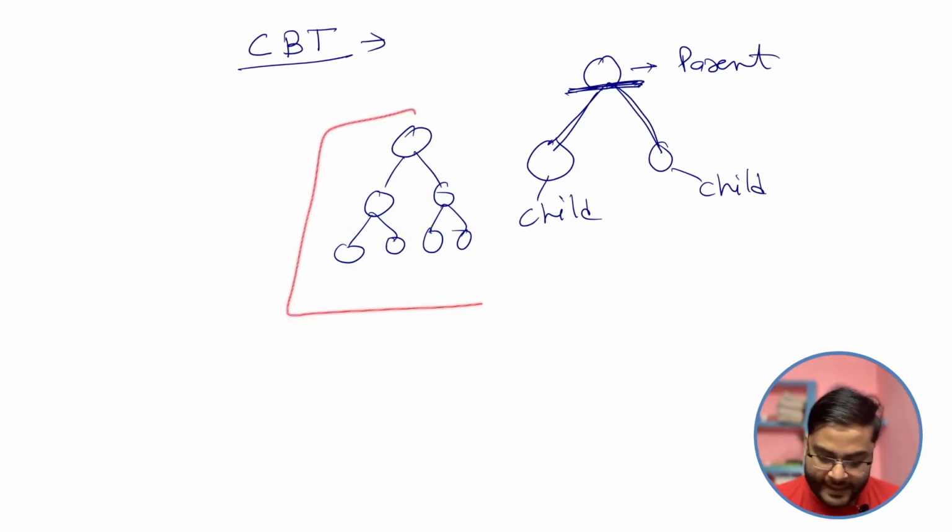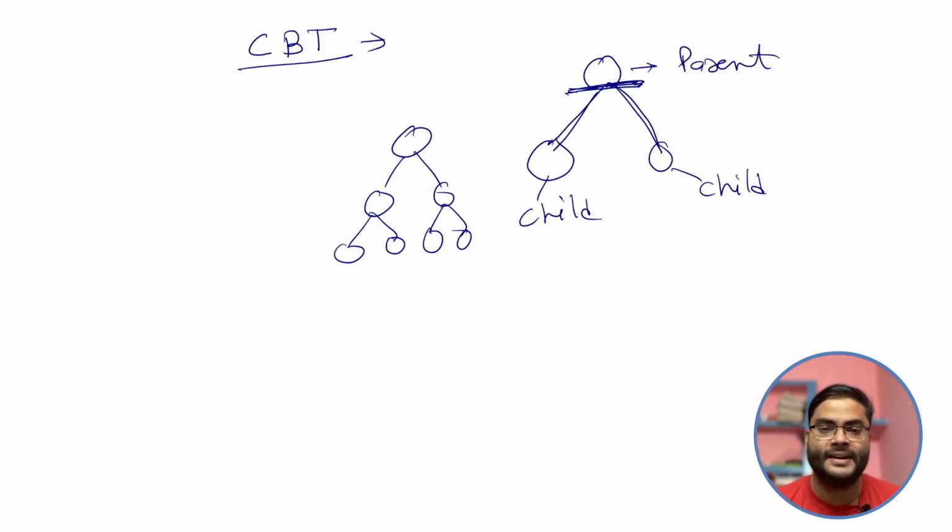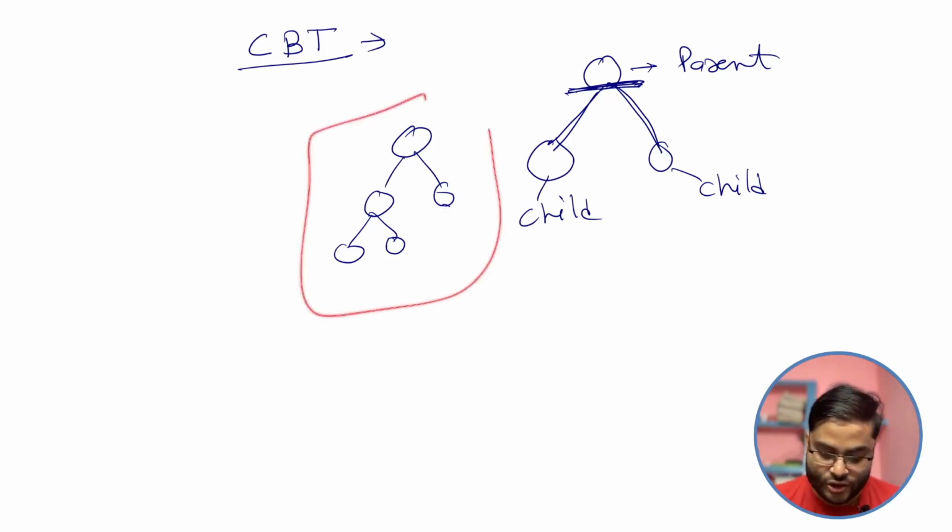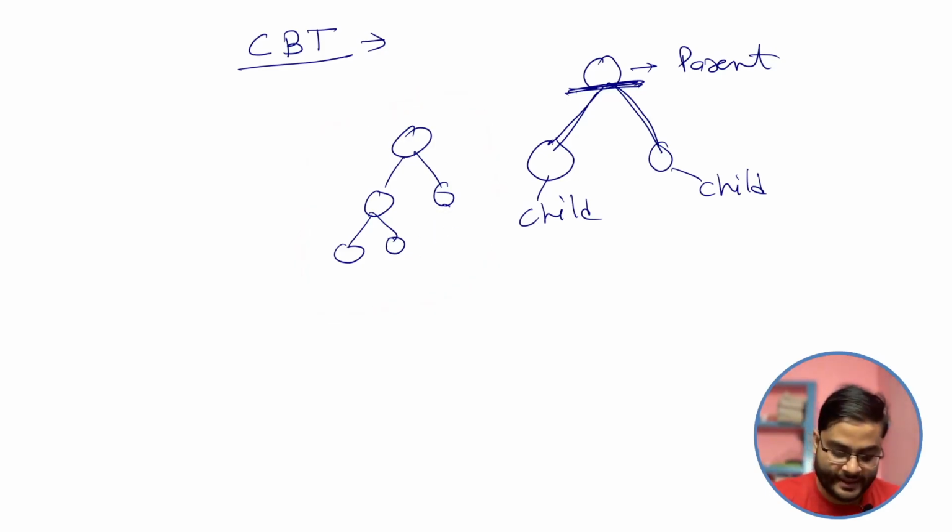This is a complete binary tree. But there is one more condition in a complete binary tree. It says that the last level can be completely filled or not. Like this is also a complete binary tree, right? This tree is also a complete binary tree, right?